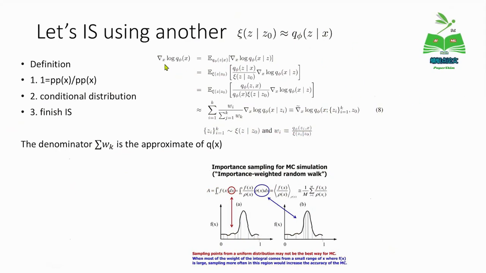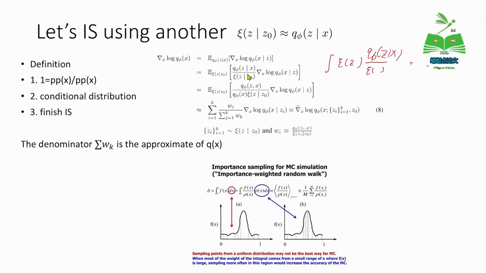Okay, so start from the definition. Then we can apply the process of the importance sampling. We have p(x) divided by p(x) integration over z0 z, divided by q phi z given x divided by this one.